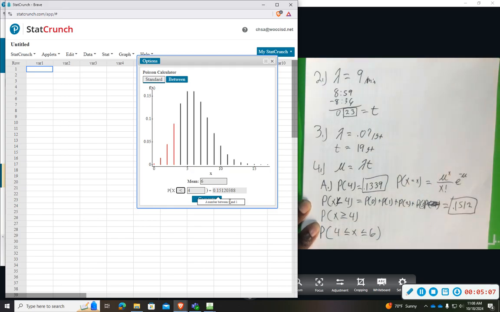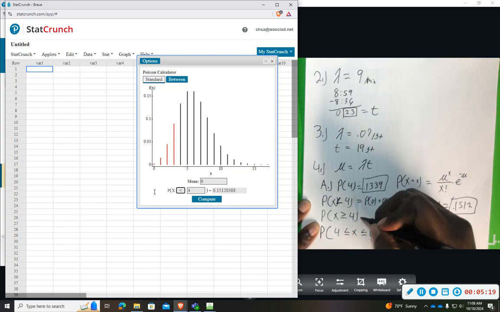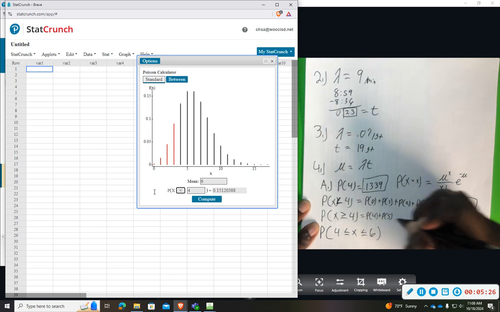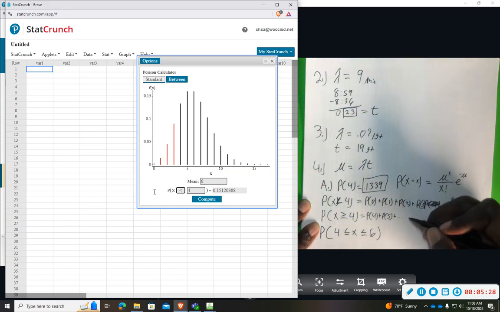Greater than or equal to 4. So that would be everything to the right. Now, greater than or equal to 4, that would be like 4, 5, 6, 7, 8, all the way up to infinity. So instead of doing the probability of 4, 5, all the way up to as many as possible, we couldn't really do that.